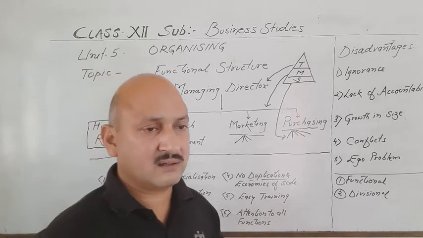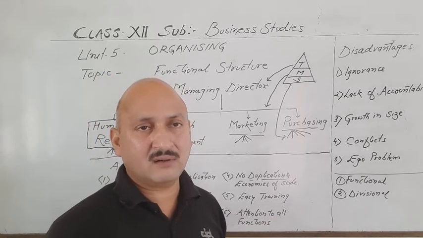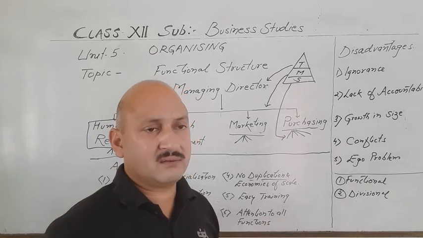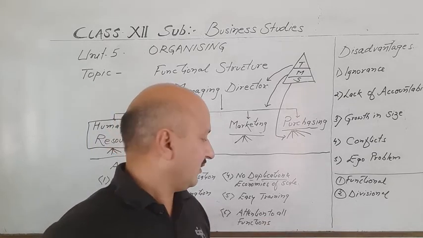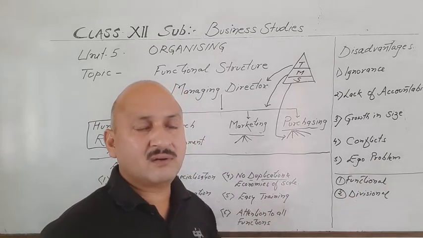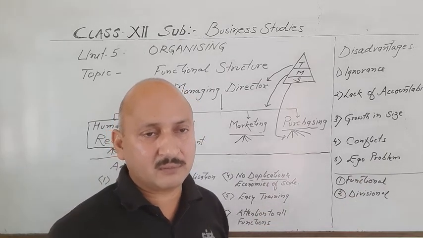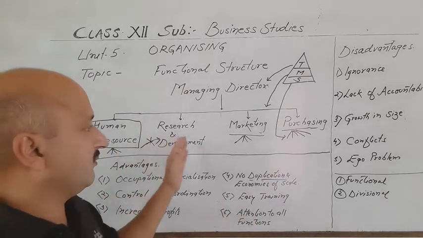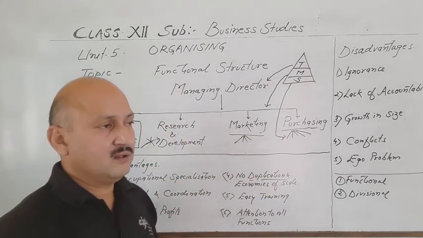This structure will be studied later on in the next video, but I am just telling a few points of it. That is duplication, because it is based on different products and every product has a similar set of human resource, research and development, marketing and purchase.